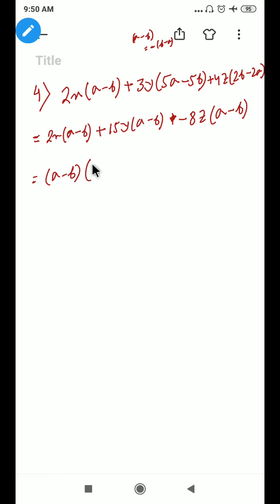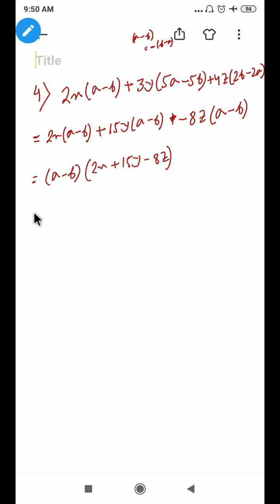Here is left 2x, here is left 15y, and here is left minus 8z. So this polynomial is converted to a product of two expressions, so our factorization is done. Now go to the next problem.